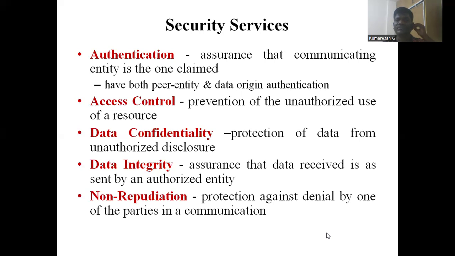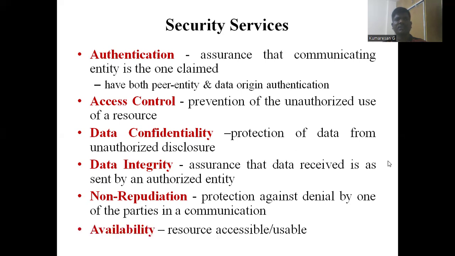Non-repudiation is also one of the important security services available in cryptography. It gives protection against denial by one of the parties in a communication. So these are all the basic security services available in cryptography.